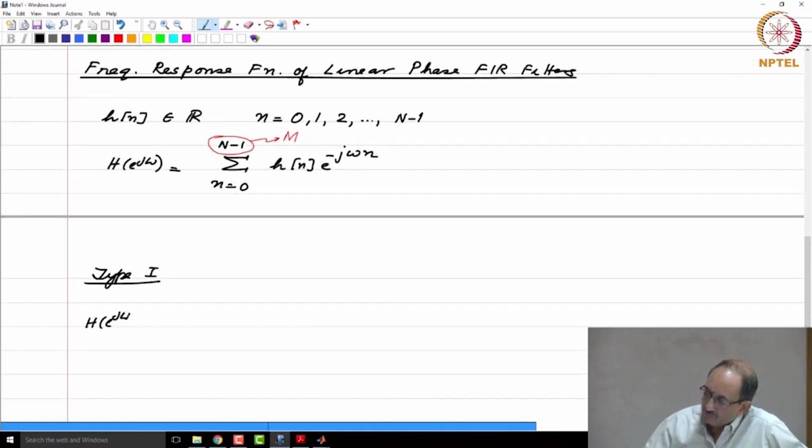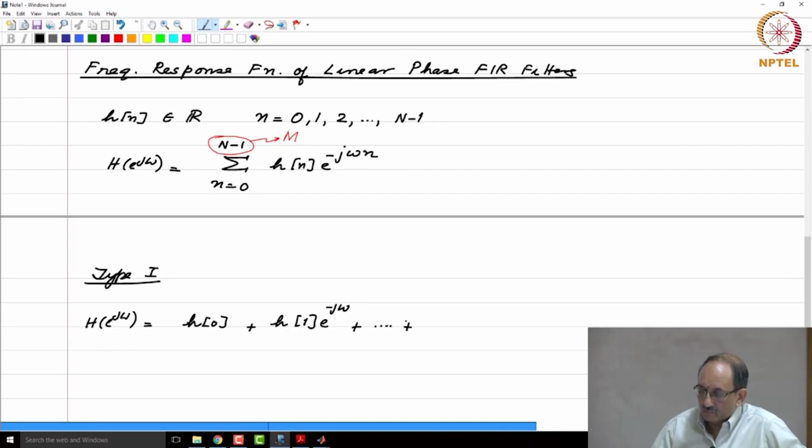Therefore, H of e to the j omega is the sum from 0 to n minus 1, so that is 0 to cap M. So, this is h of 0 plus h of 1 e to the minus j omega and so on.